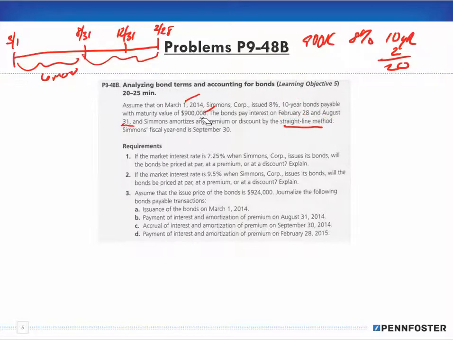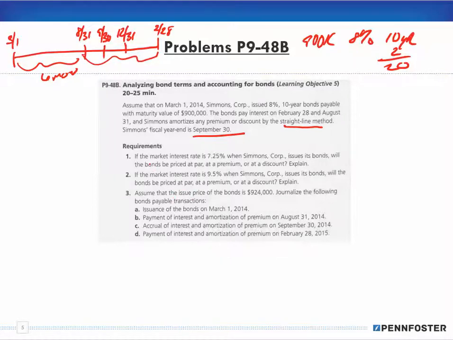Like I said, go back and watch the theory videos because we covered amortization using the straight line method. It says here the fiscal year is September 30th, so we have a fiscal year end of 9/30 right here. Also go back to the exercises. There were a couple of exercise problems where we amortized using the straight line method.